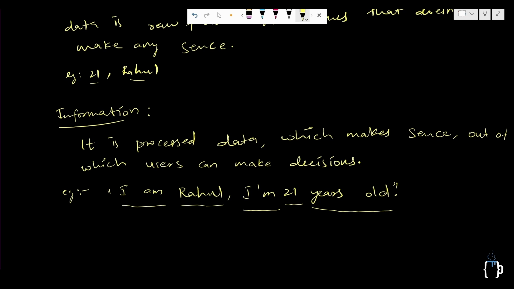I can make decisions out of it. By this information, I can decide whether Rahul can vote in an election. Since he is 21 years old, yes, he can vote in an election. This sounds good. Okay, what does a computer system do most of the time? It takes data, it processes it, and makes it an information.